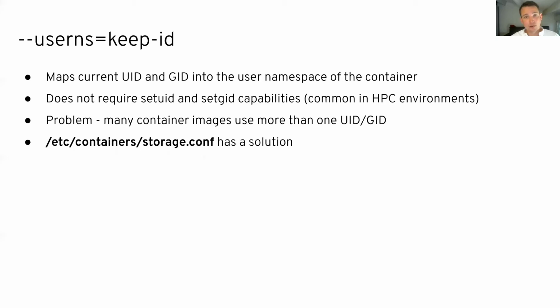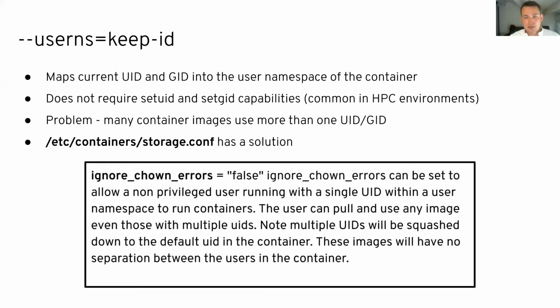However, the counterpart for the registries.conf, which is for images, there's a storage.conf, which also lives in /etc/containers, and it has a solution for it. There's a specific option which is called ignore_chown_errors, which by default is set to false, but we can set it to true. And I'm just going to read out loud the explanation.